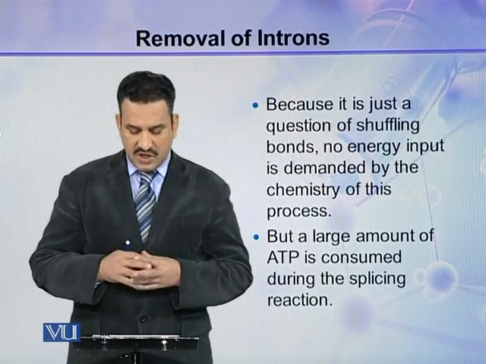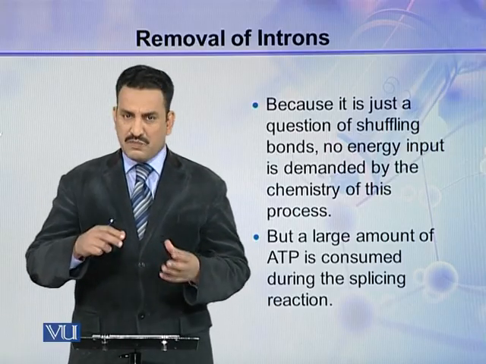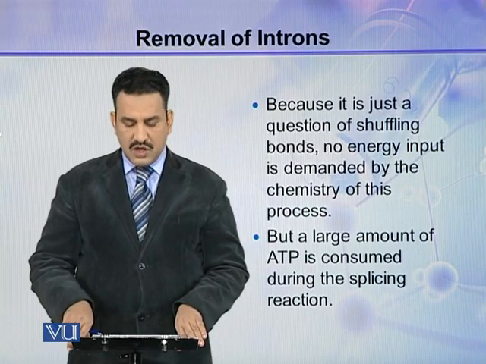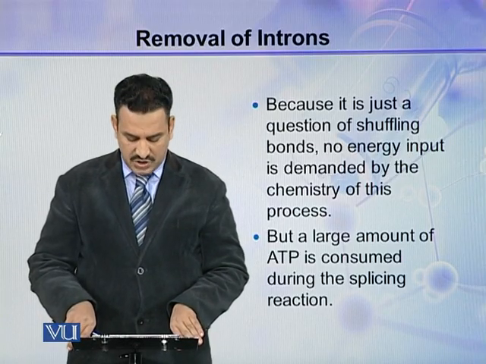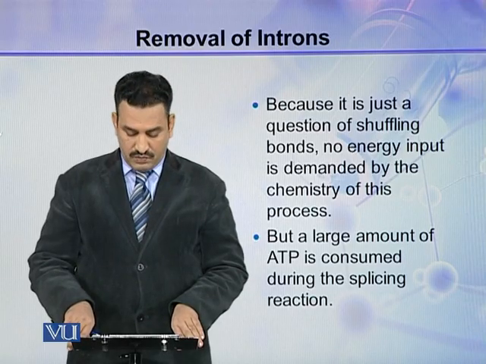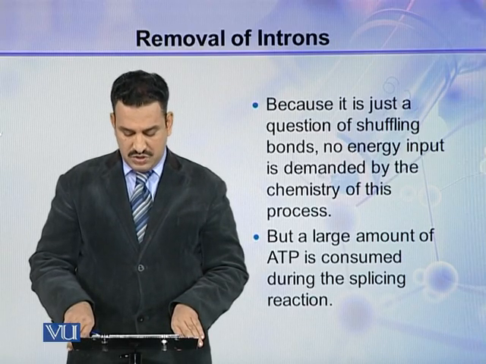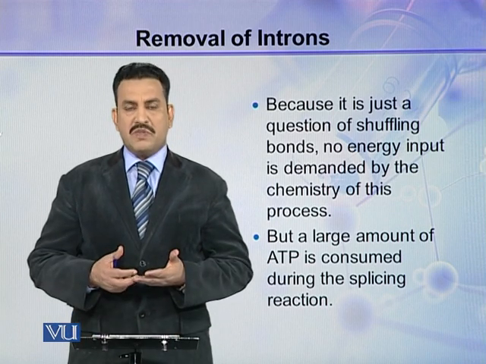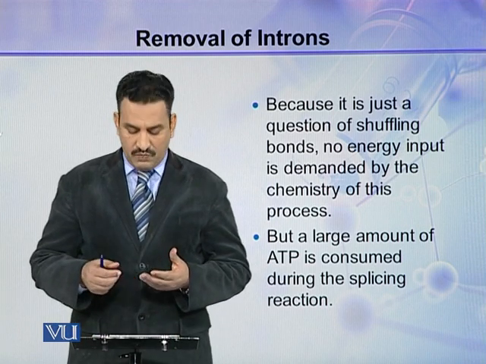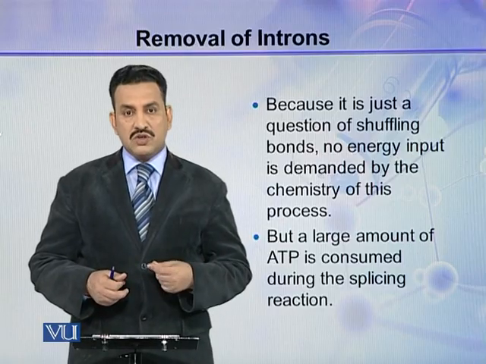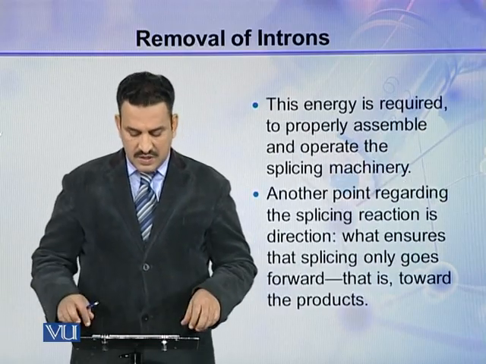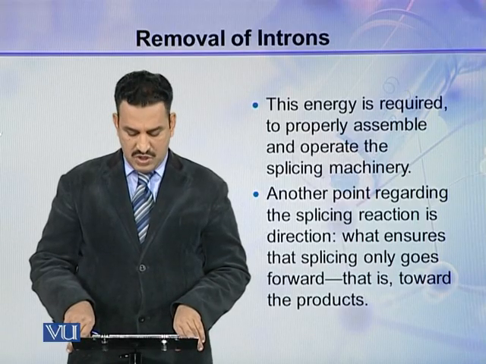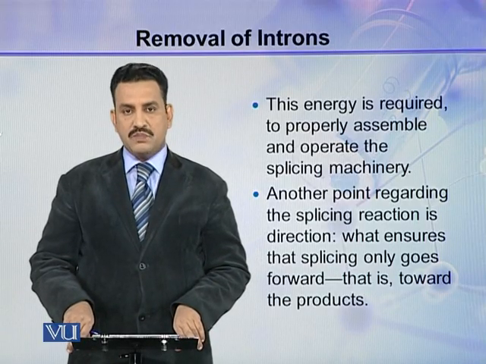Because it is just a question of shuffling bonds, no energy input is demanded by the chemistry of this reaction, but a large amount of ATP is consumed during the splicing reaction. If there is no energy demand, then where does this ATP energy go? This energy is required to properly assemble and operate the splicing machinery.